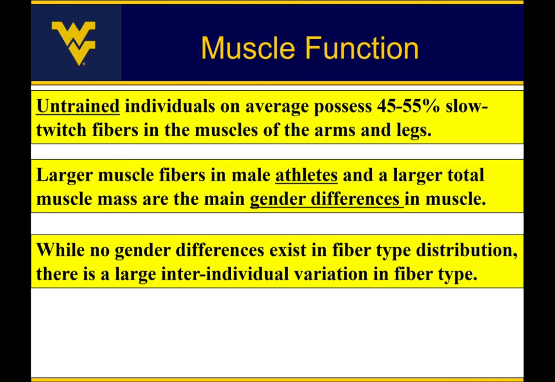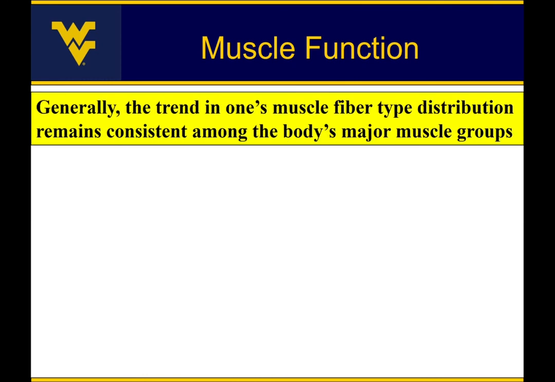While no gender differences exist in fiber type distribution, there is a large inter-individual variation in fiber type. Generally, the trend in one's muscle fiber type distribution remains consistent among the body's major muscle groups.